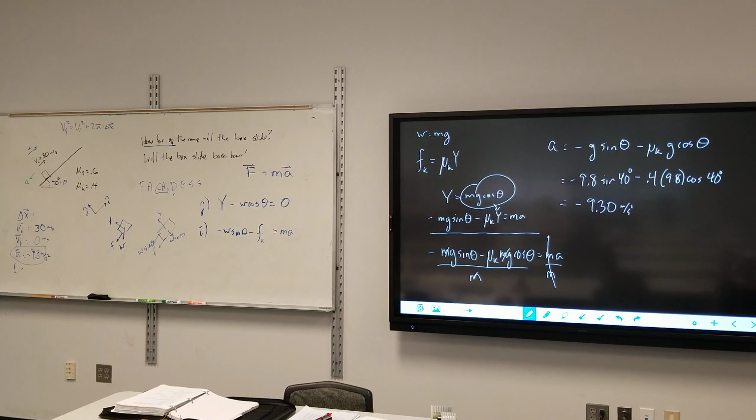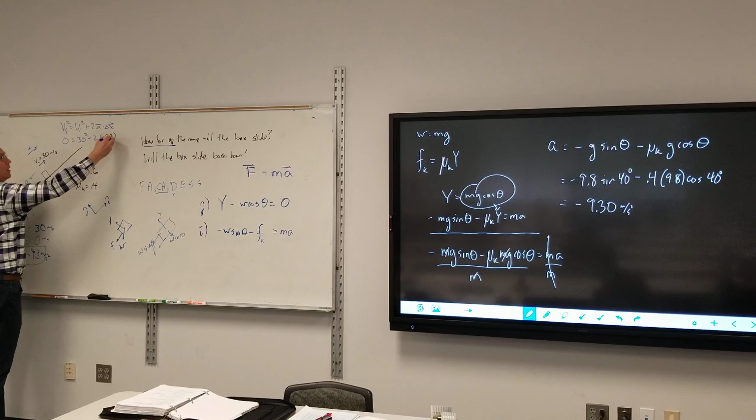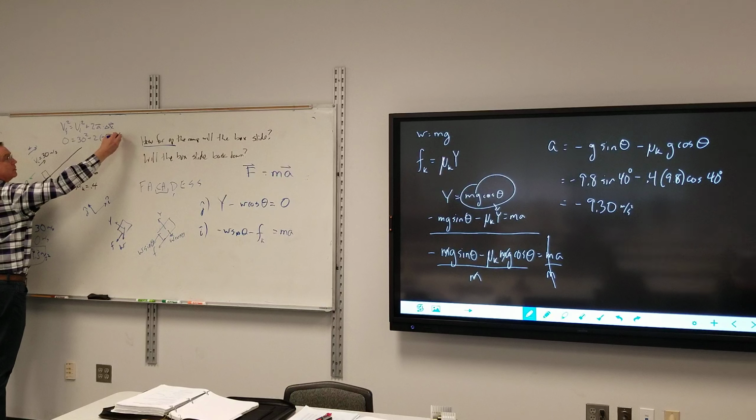And again, Nathan has suggested using a different equation. We could have used that to solve for time, and once we had time, we then had two other equations we could have used. So 0 equals 30 squared plus 2 times negative 9.3 times my displacement.